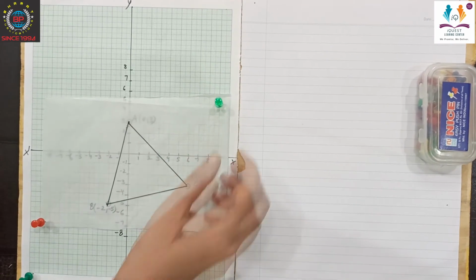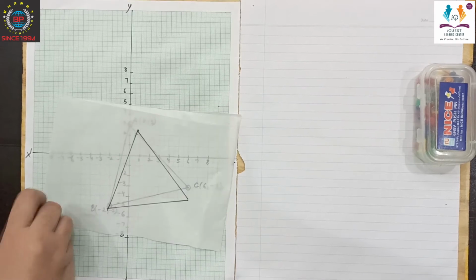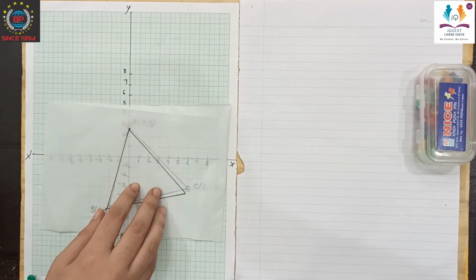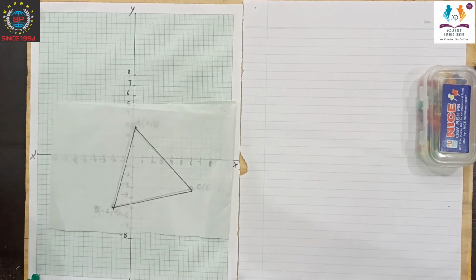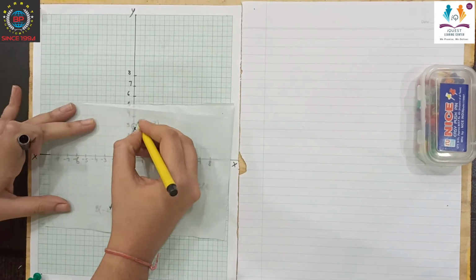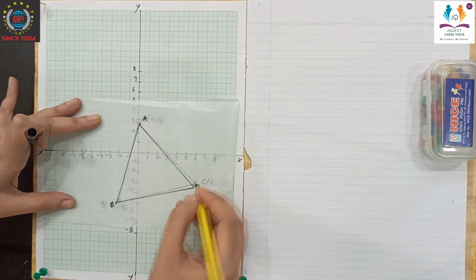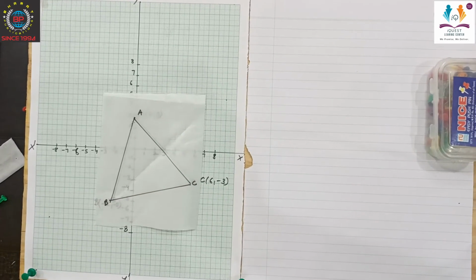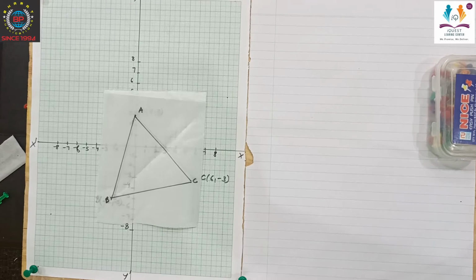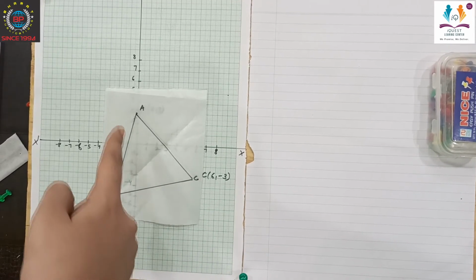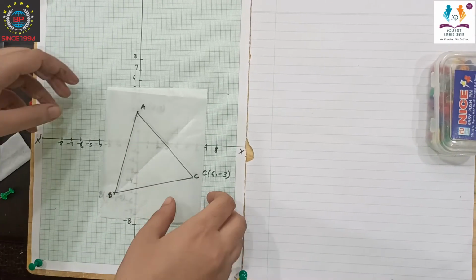Now I am going to pin this tracing paper and find the midpoints of the traced triangle. I am going to find the midpoints of sides AC, BC and AB by the paper folding method.